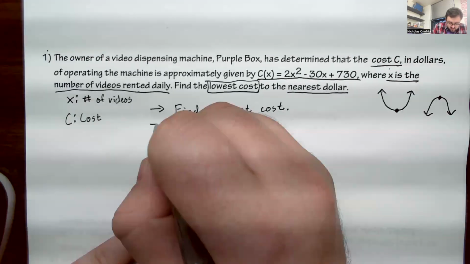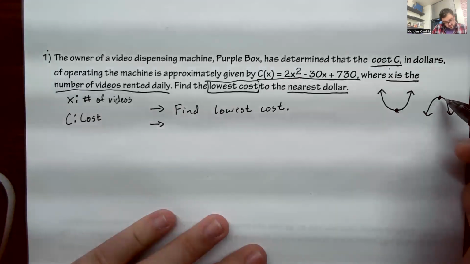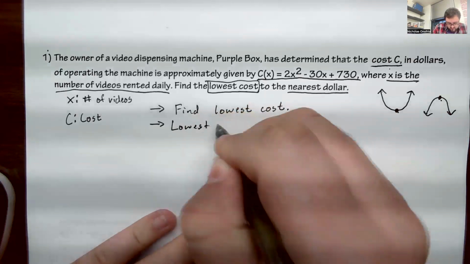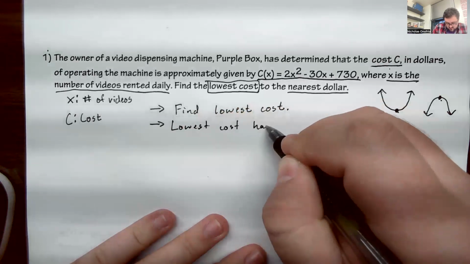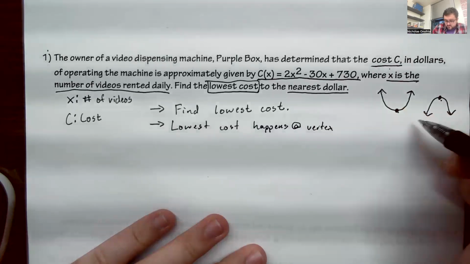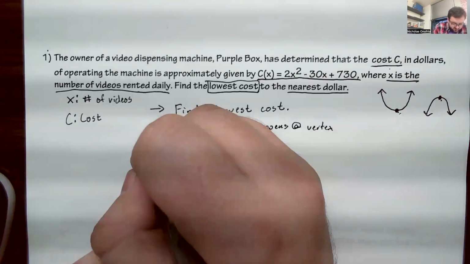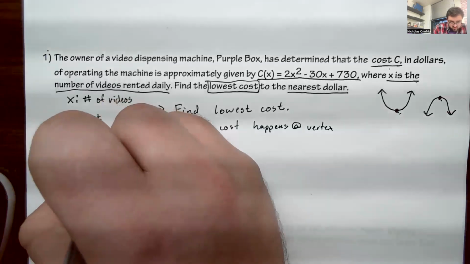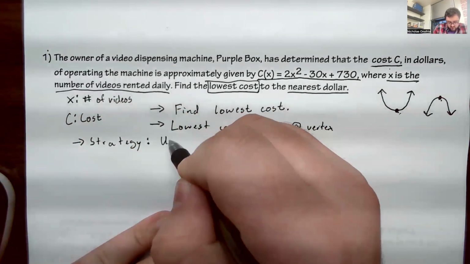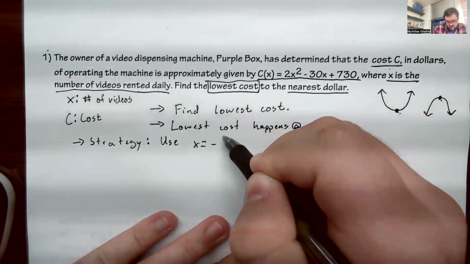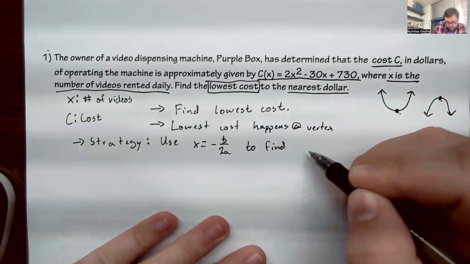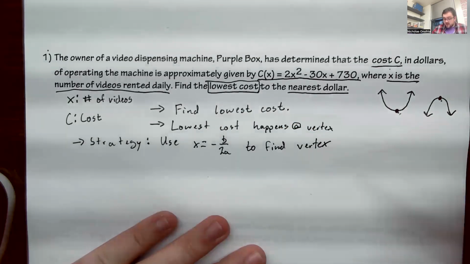And we notice that our lowest cost, or if we were looking for the highest cost, happens at the vertex. So our strategy, just like yesterday, is to use x equals negative b over 2a to find the vertex, and then we'll go from there.